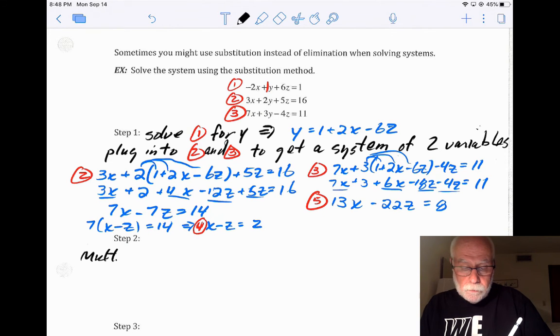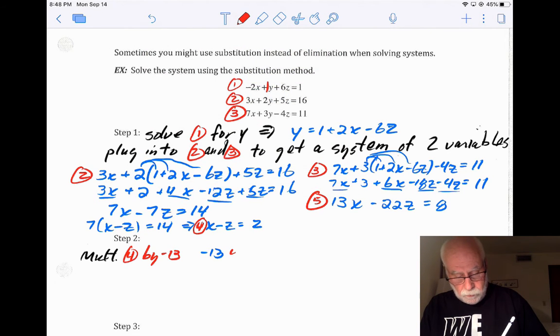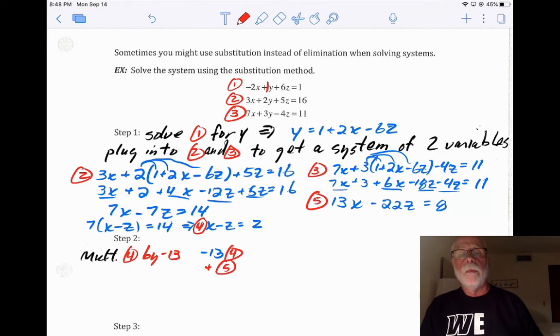What I chose to do is multiply 4 by negative 13. So what I'm going to do is take negative 13 times 4, plus 5.